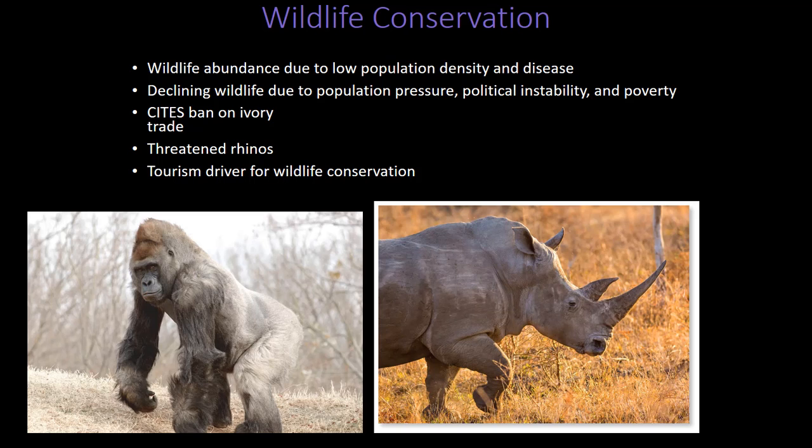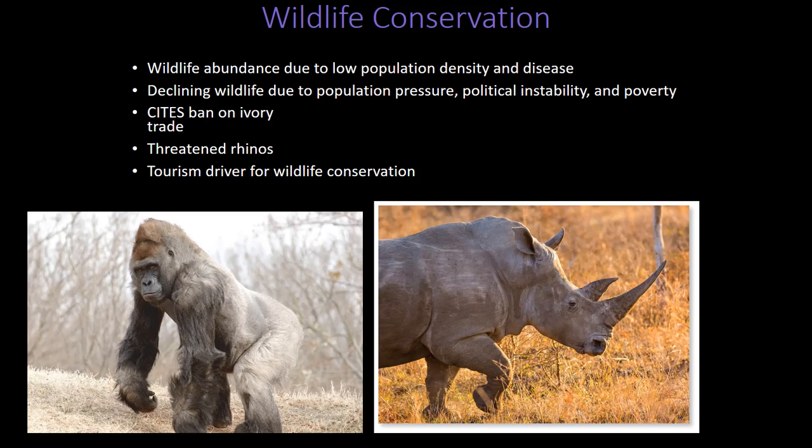And tourism is interesting because tourism has been a driver for wildlife conservation, yet at the same time, it's not always without problems. So there has been a bit of a push where now locals can benefit through tourism industries and tourism activities. And a lot of people are going to see the large game.